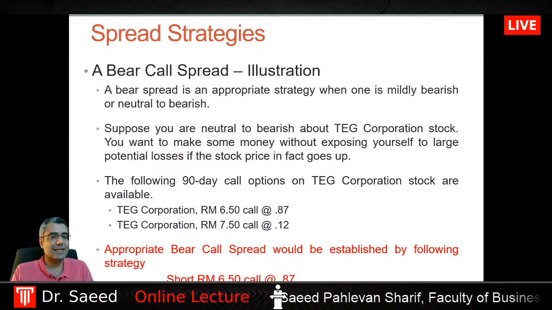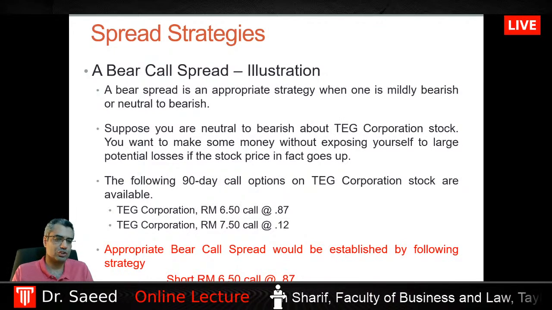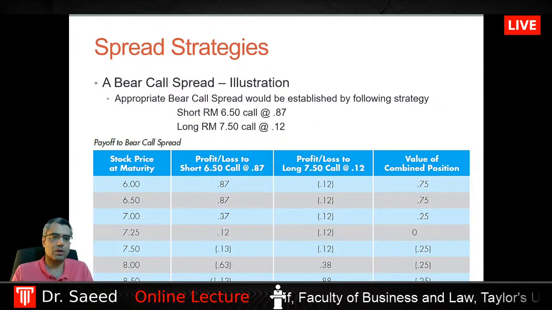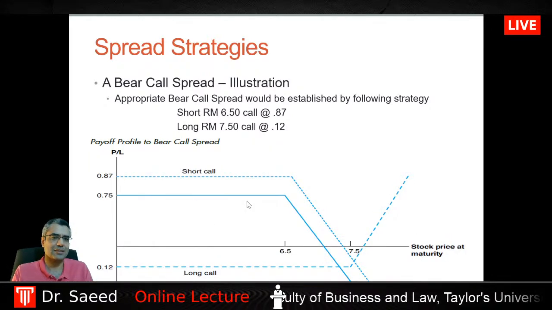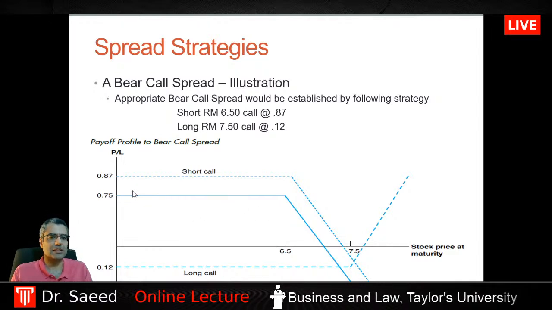And you can do the same for when it's a bear call spread. And for bear call spread, you use two calls again. You short one call, you long one call, short the cheaper one, and long the other one. The same thing. You construct the table, you do the calculation, you will get this. So the shape for the bear call spread will be something like this, right?